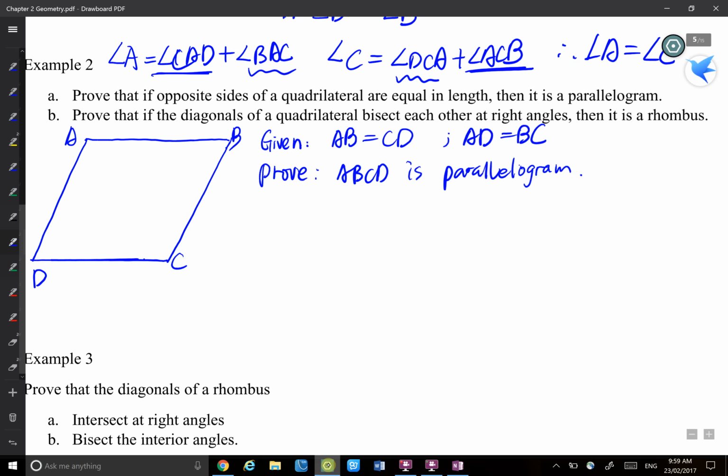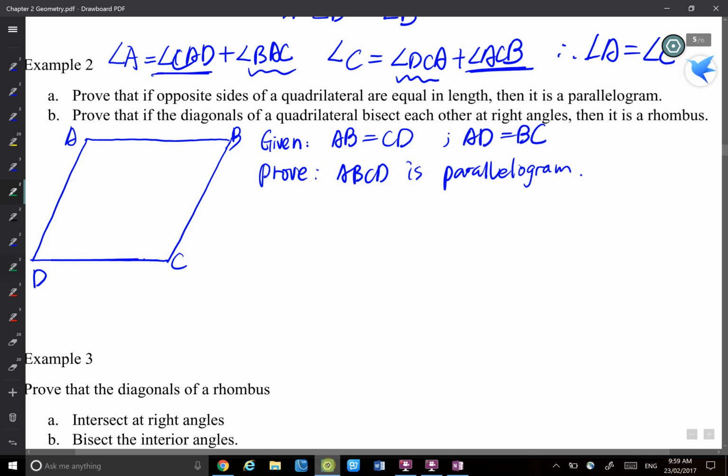Now that's what I know, and the next thing is to prove it's a parallelogram. So let's label things in color. BC equals AD, right? And then the blue one is AB equals CD. And if I draw a line in the middle, it is the common length.